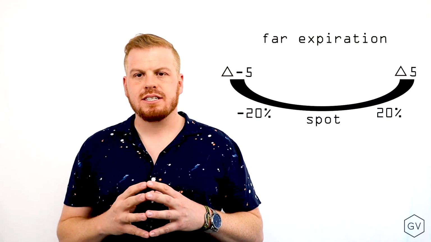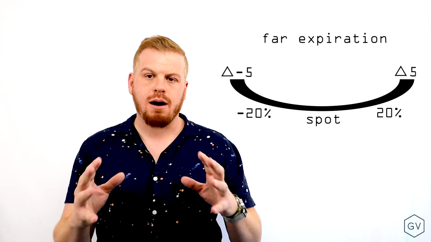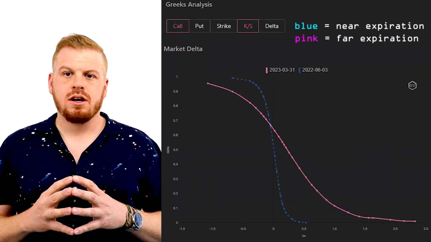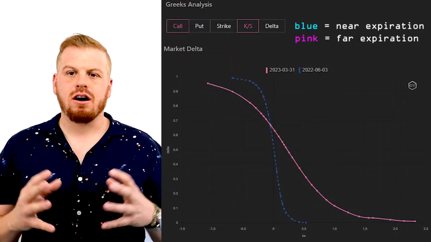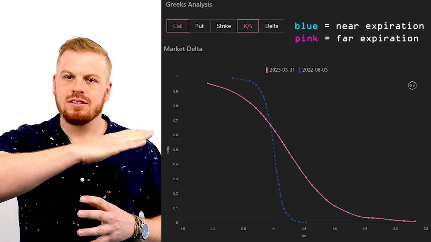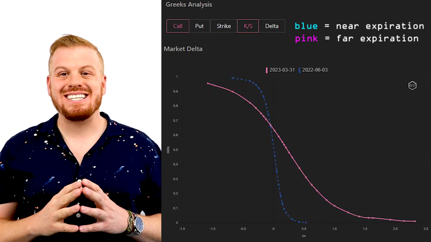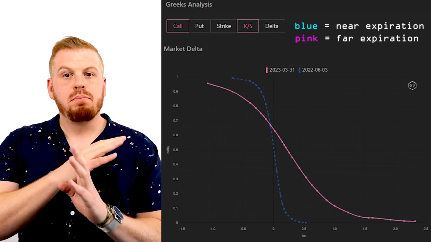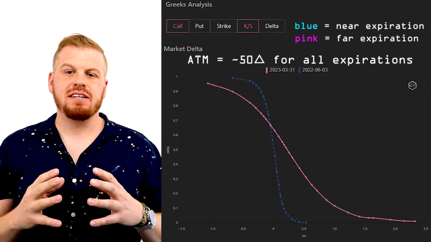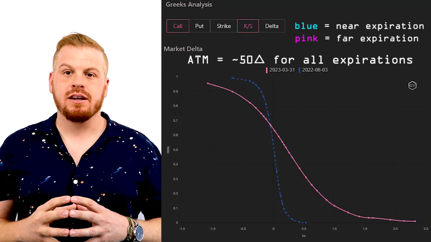So what you'll notice is that if you plot two options with different expirations and you look at the delta for these two call options, for example, you'll see that the longer dated option has a lot flatter delta surface than the short dated option, which has a very steep delta surface. Both intersect at 50 delta or around at the money of the underlying.